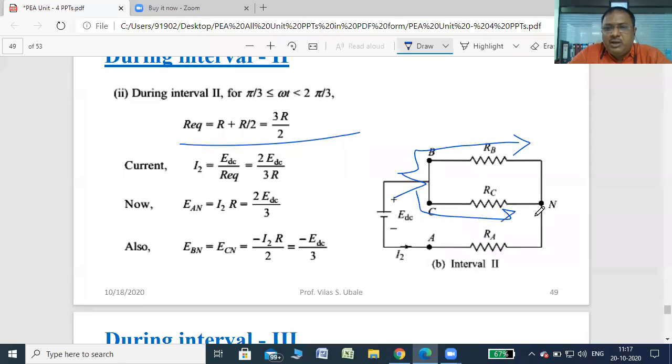This is the incoming current, and the leaving current is, actually this was slightly wrong. This battery should be like this. So the incoming current is through A and the leaving current is through B and C, that is negative currents, we can say.